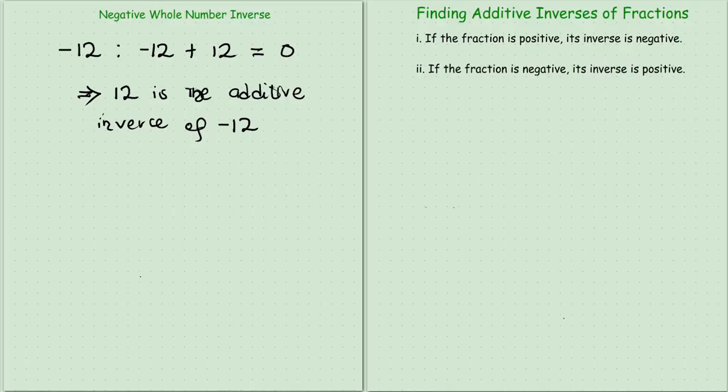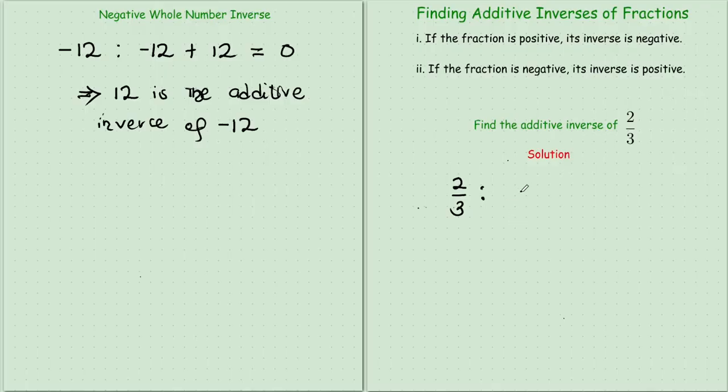Let's take some examples and we see. Let's start with what we have here. It says find the additive inverse of 2 over 3. We have said, based on this instruction, that you should just negate. So what is it going to be? Just by following the instructions, for 2 over 3, its additive inverse is going to be negative 2 over 3.